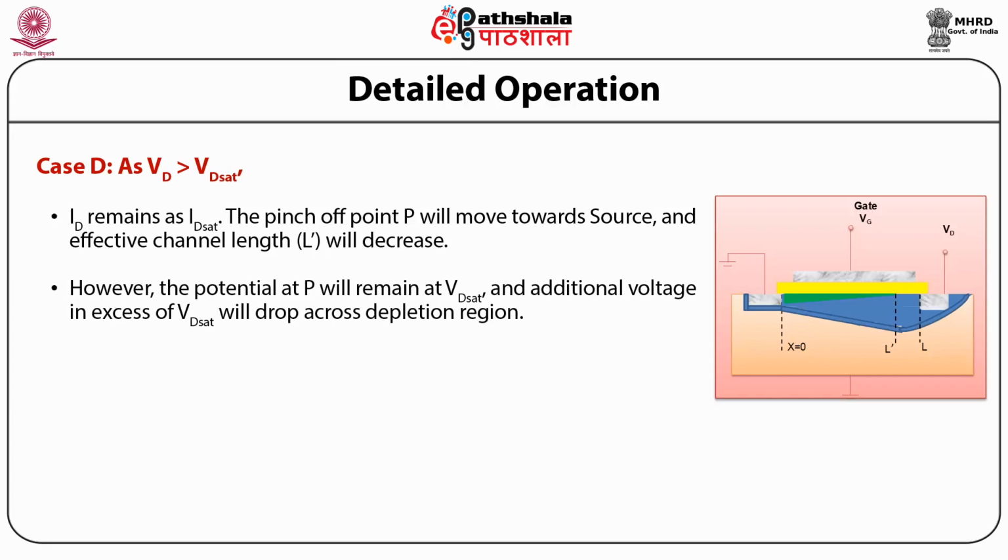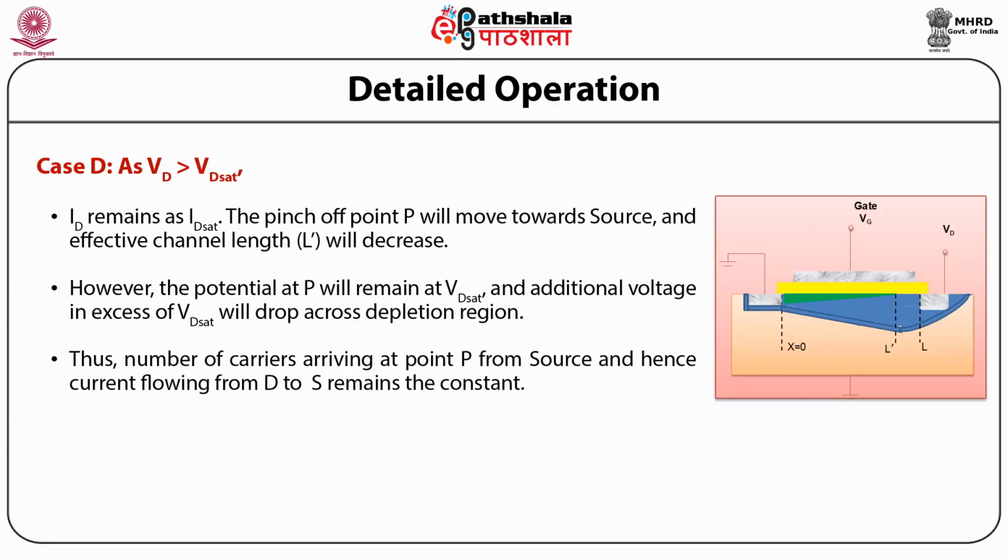However, the potential at P will remain at VD saturation, and additional voltage in excess of VD saturation will drop across the depletion region. Thus, the number of carriers arriving at point P from the source, and hence the current flowing from drain to source, remains constant.